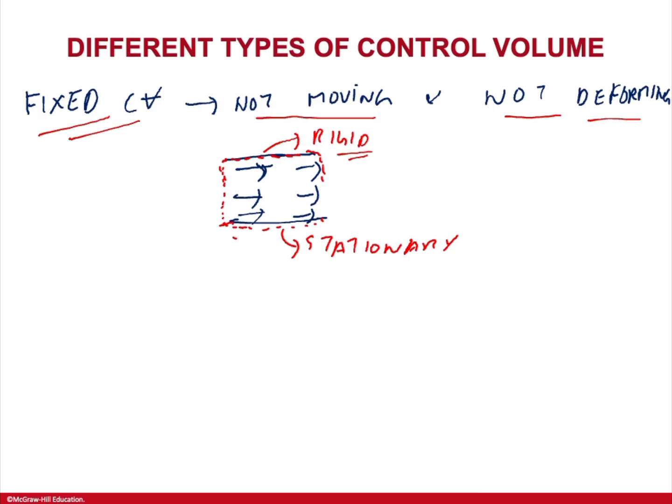And identifying what type of control volume it is will help simplify your problem or the equations that you're using. So that's part of the reason for being good at identifying what type of control volume it is.